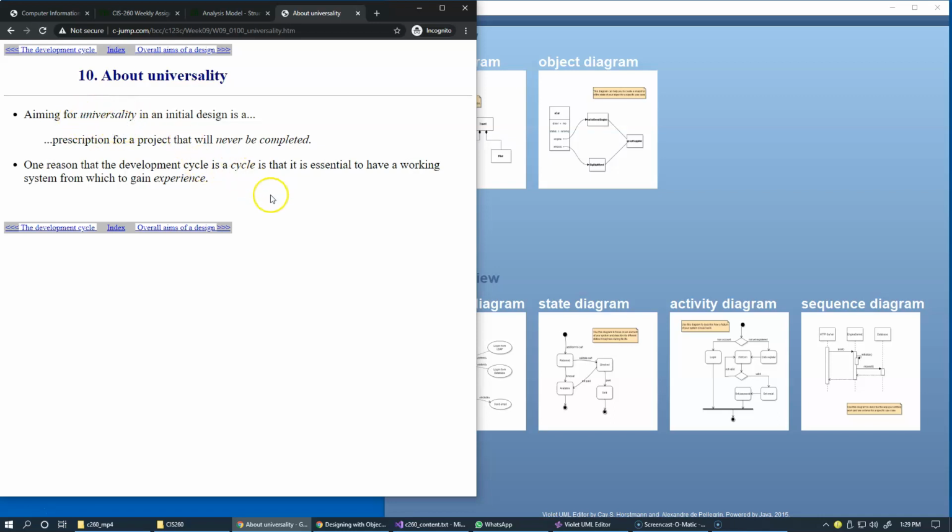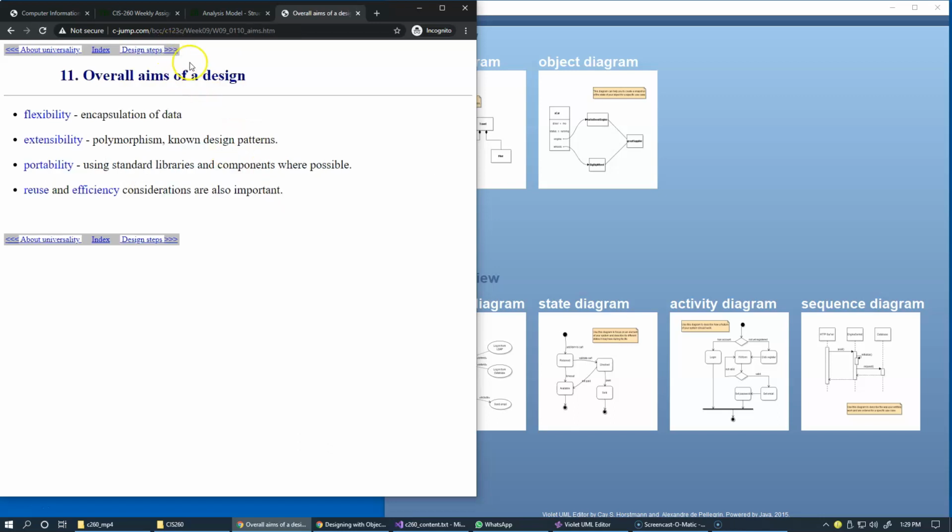However, the practicality of what we do should probably take highest priority. So we'd like to have things such as flexibility, extensibility, portability, the ability to reuse things in the future, and to keep efficiency in place. So how do we do this? Flexibility can be achieved through encapsulation of data.